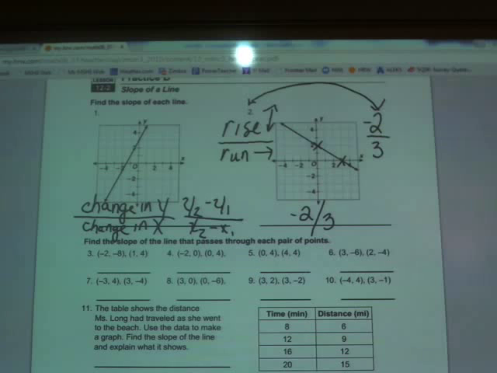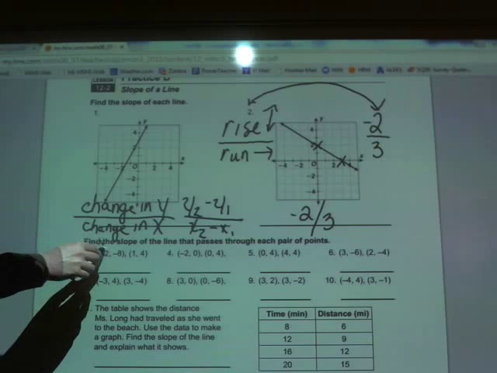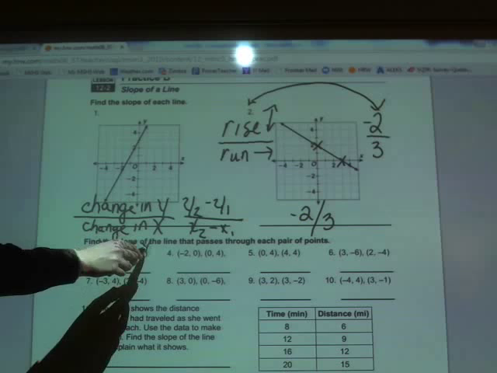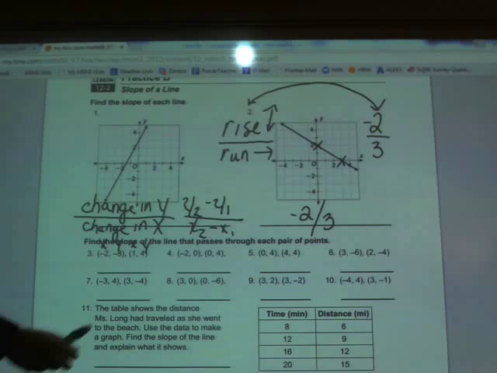Remember, points are always written as x, y. So if we're looking at number 3, for instance, -2 is an x, and -8 is a y. 1 is an x, 4 is a y. Where do the 1s and 2s come from? They simply represent the set of numbers in that ordered pair.